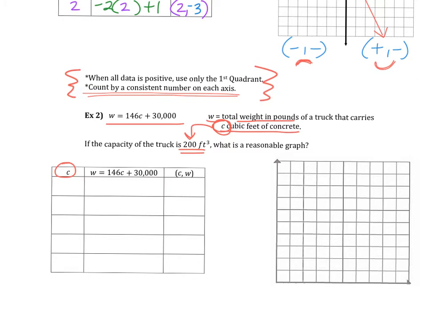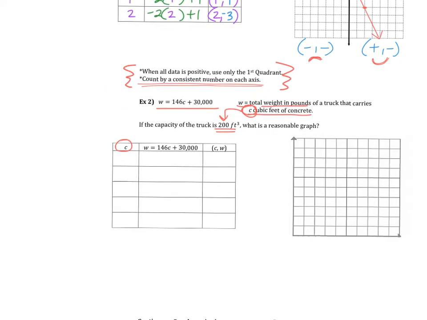That means we're looking for some reasonable numbers to put as our X values or our C values here. I always say it's good to start with 0, just to give you a simple one to work with, because that's usually a good starting point with things like this. But we want to get up to 200 because that's max capacity. So you're looking for a good set of numbers to use.